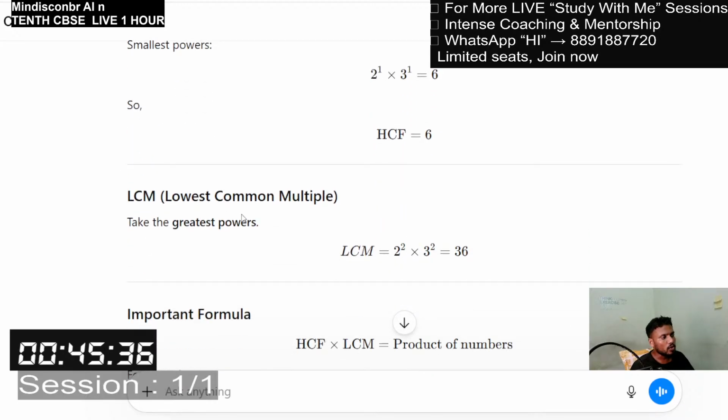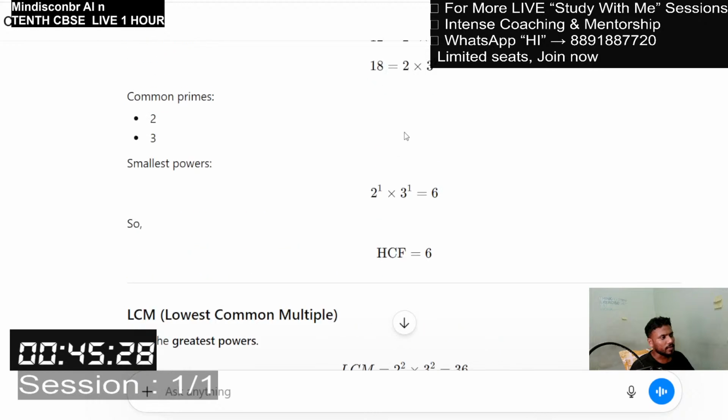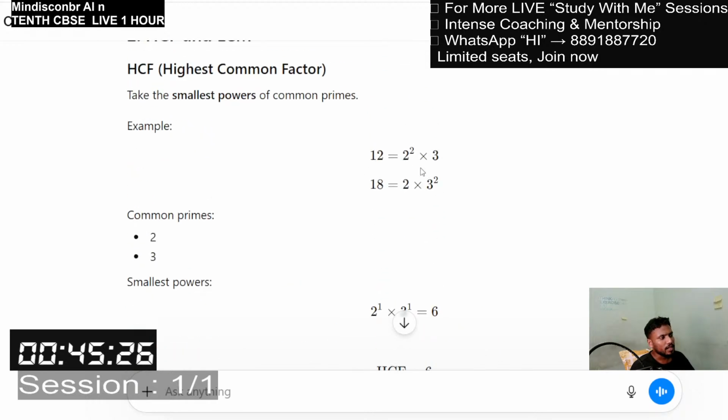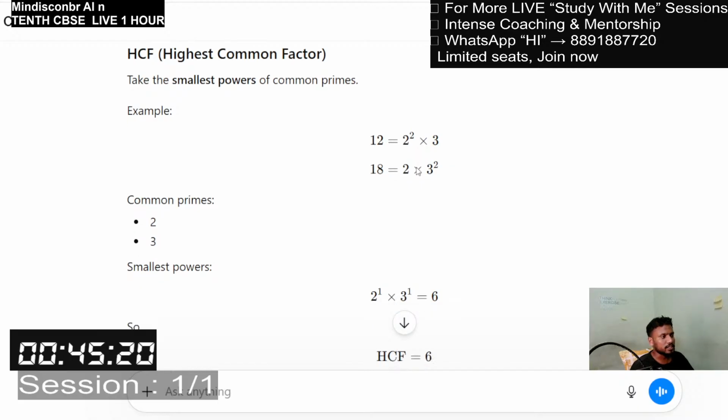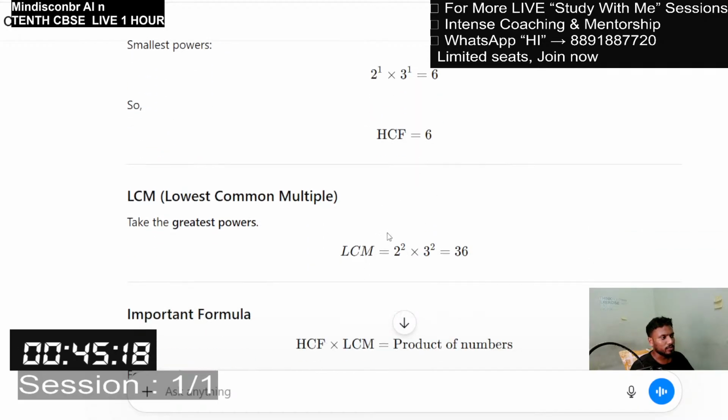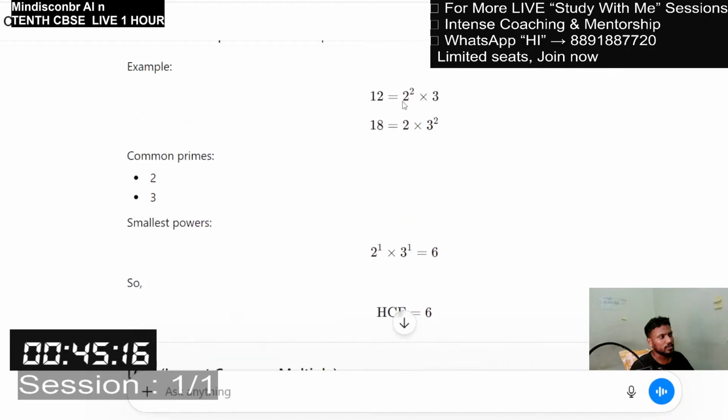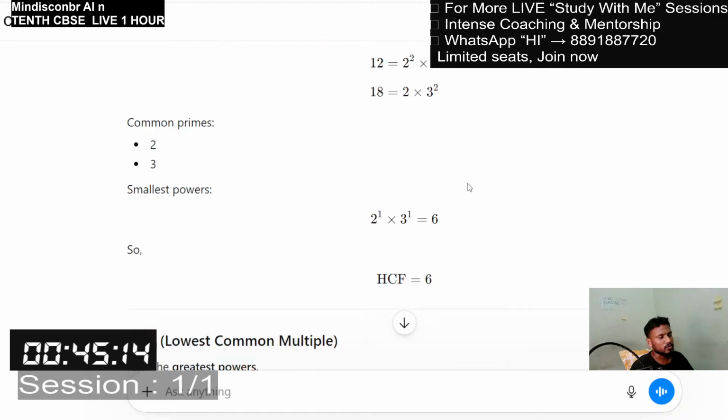Next is lowest common multiple, LCM. Take the greatest powers. LCM is equal to 2 square into 3 square. From the same example, for LCM we take the highest power, so 2 square is taken, and from this 3 square is taken.